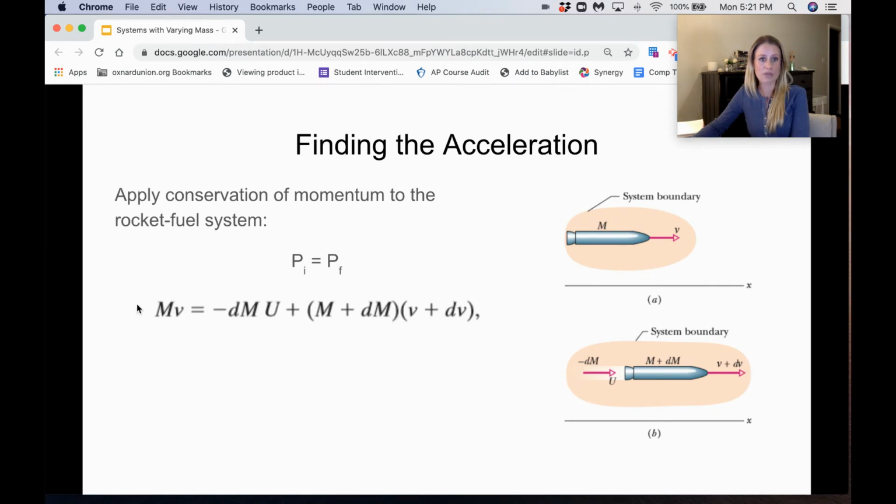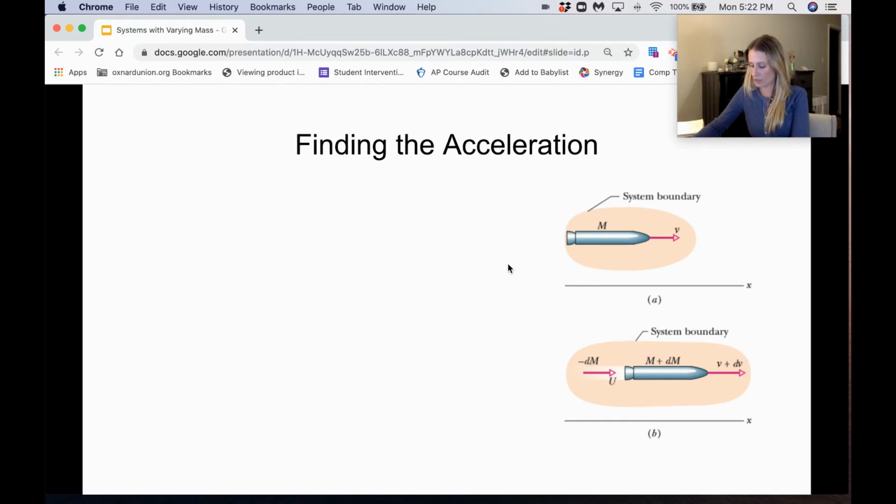Our initial momentum is just big M, our total mass of the system, times V, initial velocity. And then our final momentum is made up of the momentum of the fuel, which is the mass of the fuel, negative dm, times U, which is the velocity of the fuel, final velocity, plus the final momentum of the rocket that has burned some fuel. So we have the final mass of the rocket and the final velocity of the rocket.